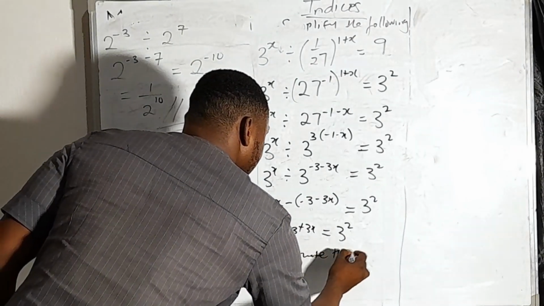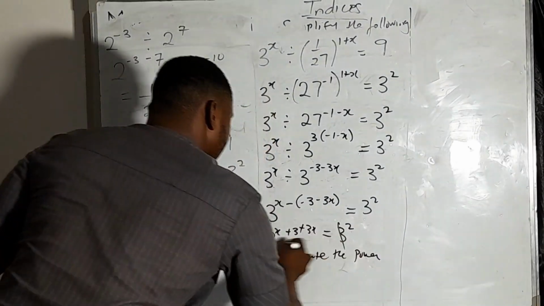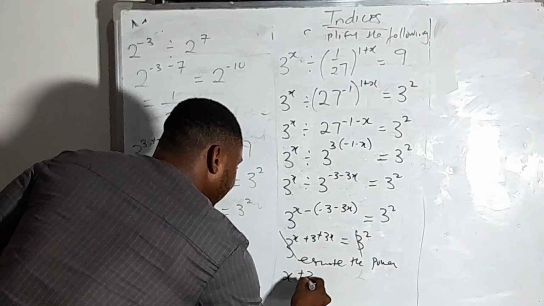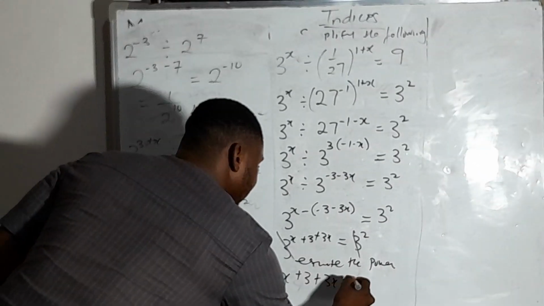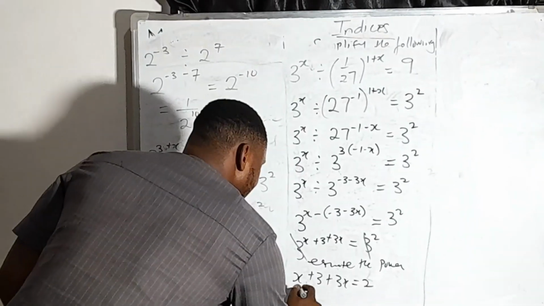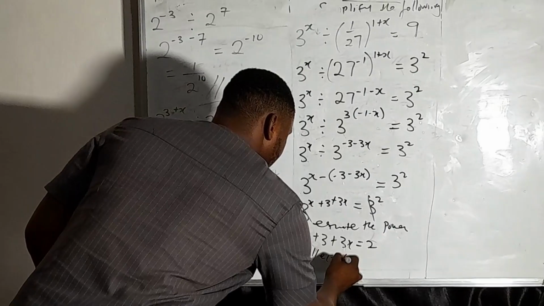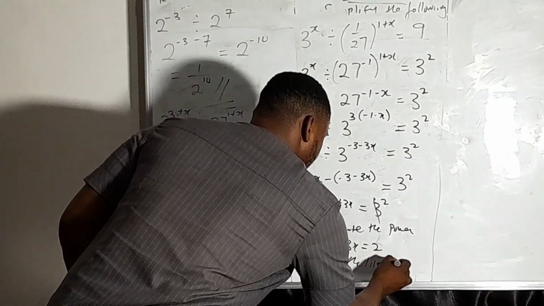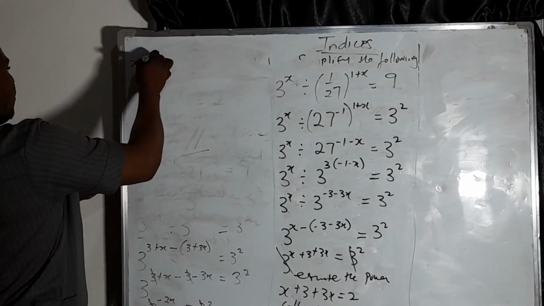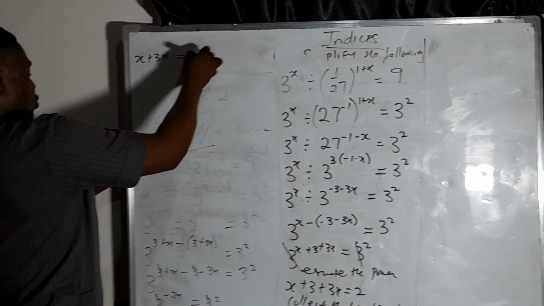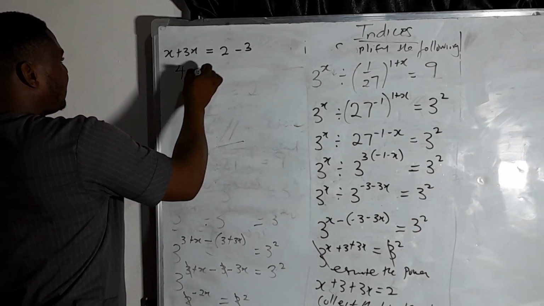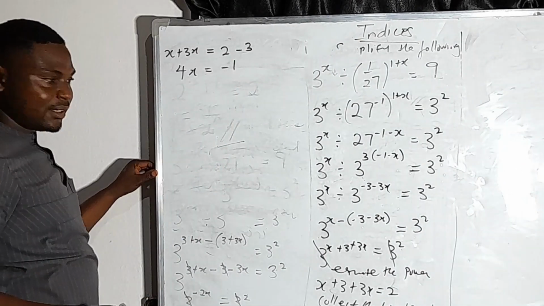Equate the power. Then you have x plus 3 plus 3x is equal to 2. Collect the like terms. So x plus 3x equals 2 minus 3. 4x equals minus 1.